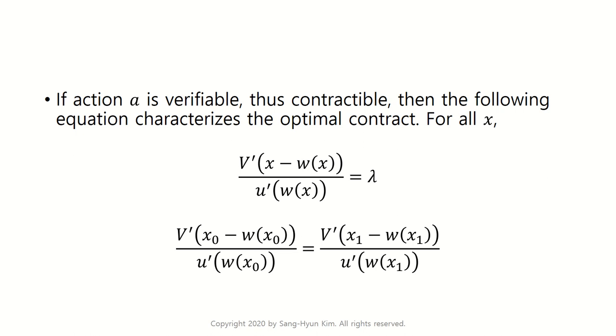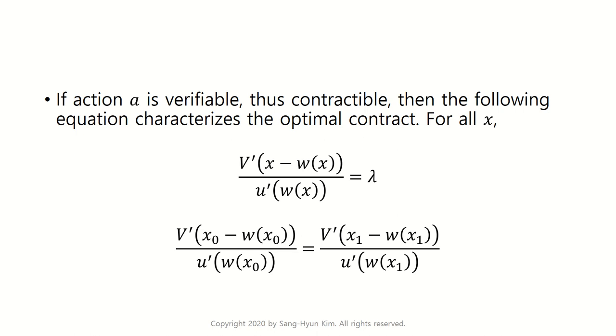And the reason is, okay, we have two goals. We want to set the effort level optimal, and we want to set the risk sharing rule optimal. So the effort and risk sharing are the elements of utilities and the surpluses. We want to maximize the social surplus.